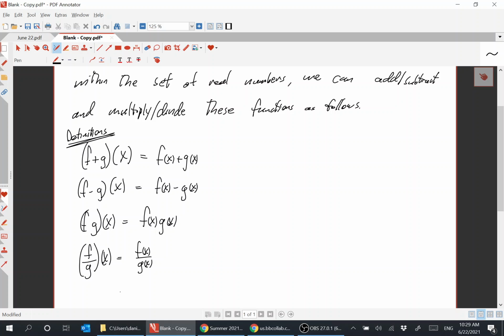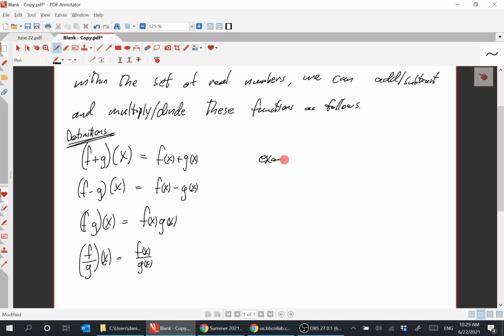So whatever you do with real numbers, you multiply, divide, add, and subtract. You also can do exponents, although we're not going to discuss it here. You can do this with functions that have real values.